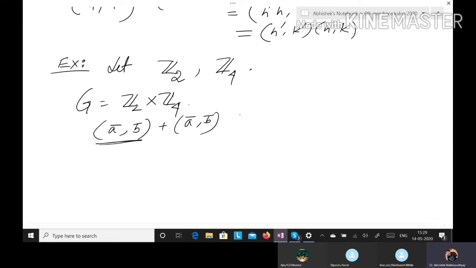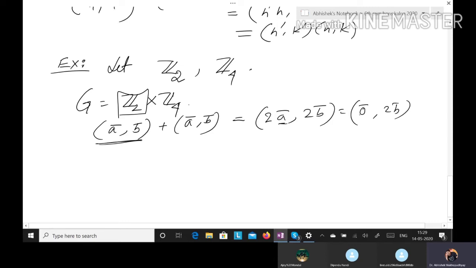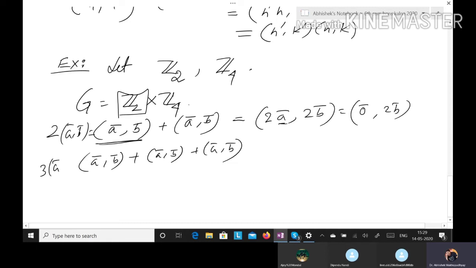The first coordinate will be 2[a] and the second would be 2[b]. But [a] is in the group Z2, so it must be [0] in Z2. Now again we add [a], [b] to the previous one, that is 2([a], [b]), and this is 3([a], [b]).